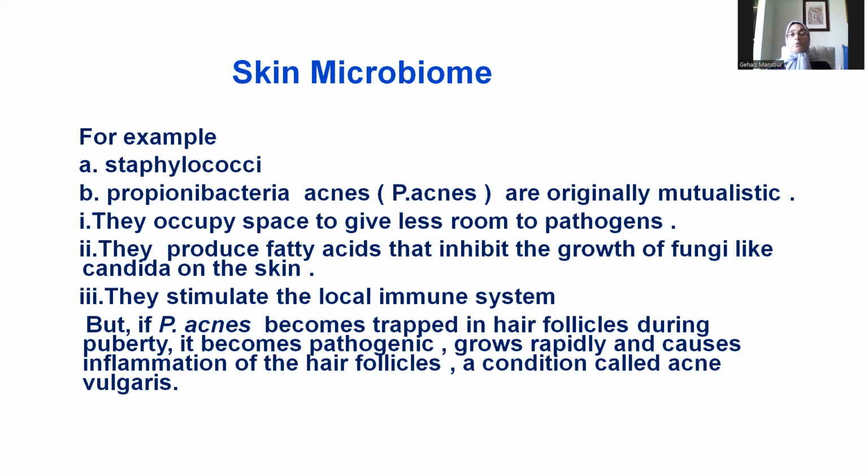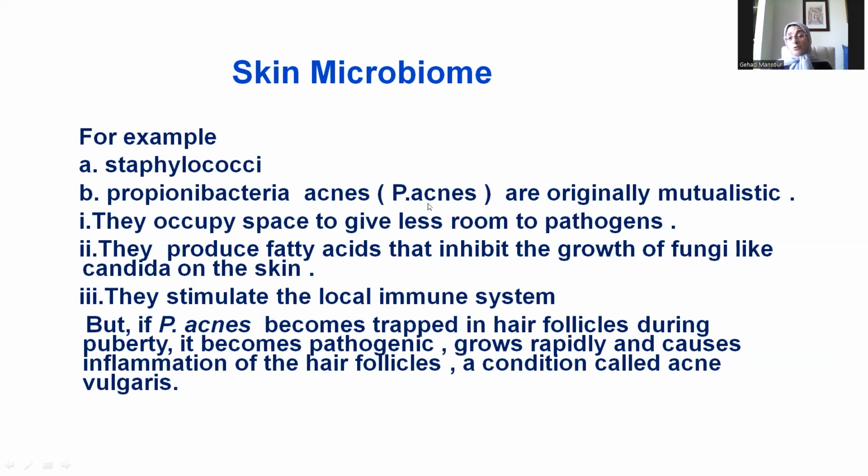What are the major examples of bacteria that are present on the skin? We have Staphylococci and P. acnes. Staphylococci are usually friendly flora, but they might turn pathogenic. And when they turn pathogenic, they cause infection on the skin like boils and abscesses.